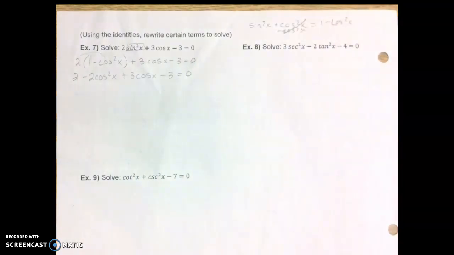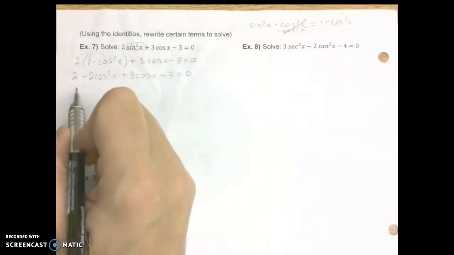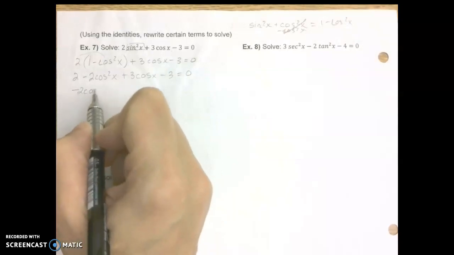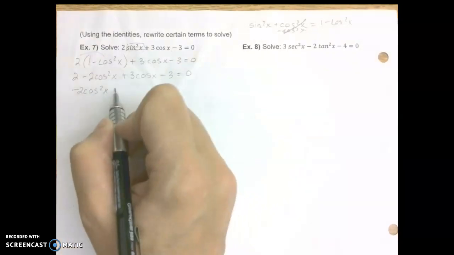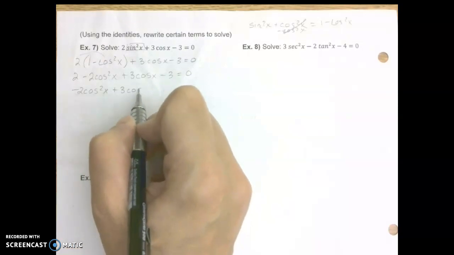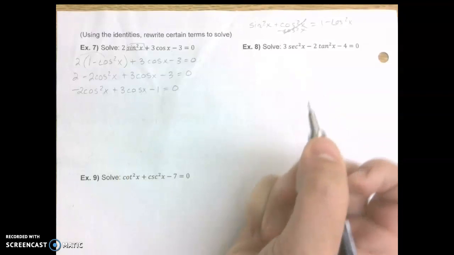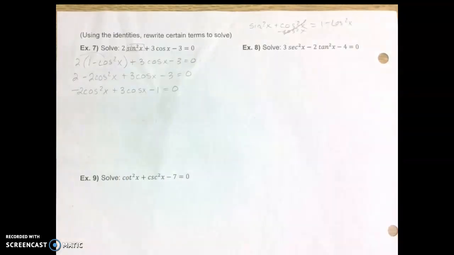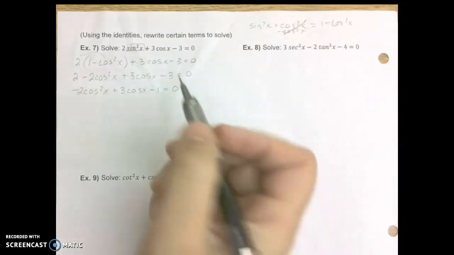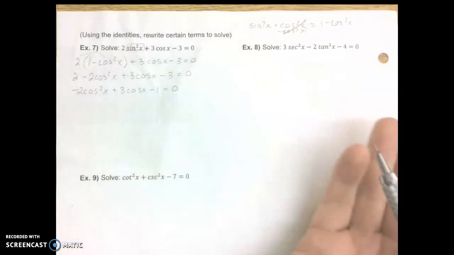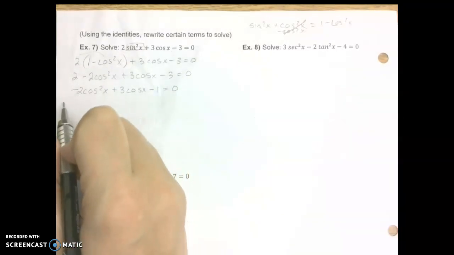Then I have to get it into standard form. Negative 2 cosine squared x plus 3 cosine x minus 1 equals 0. And I don't like to try to factor with a negative leader, so I'm just going to take out a negative 1.